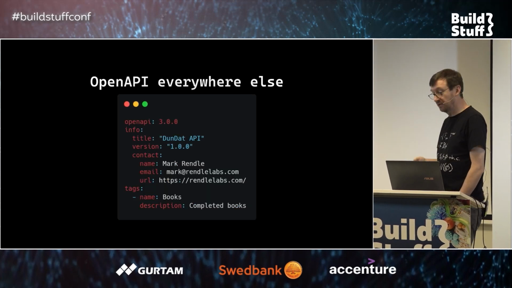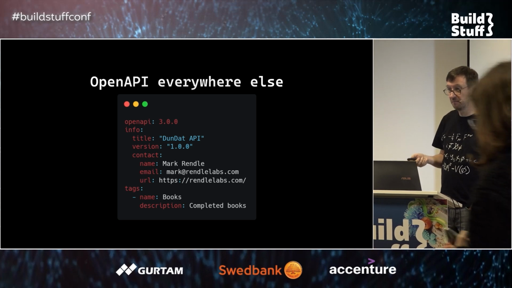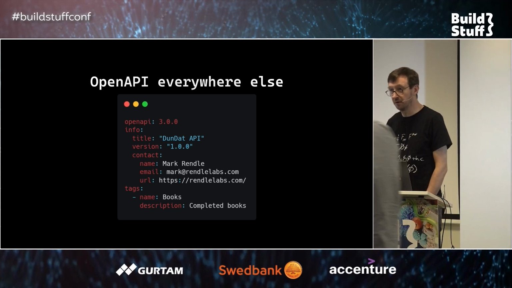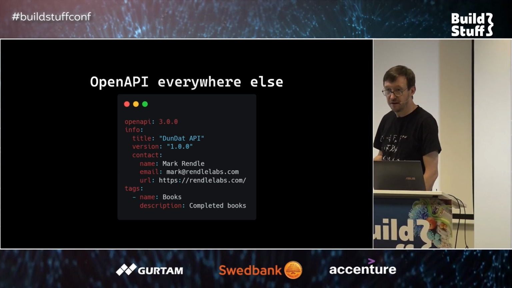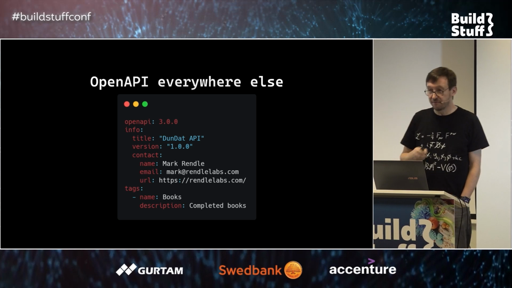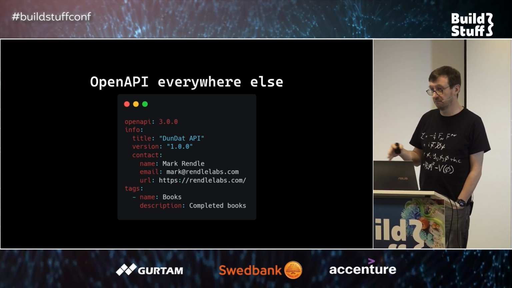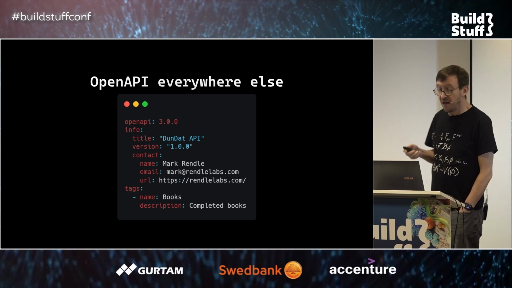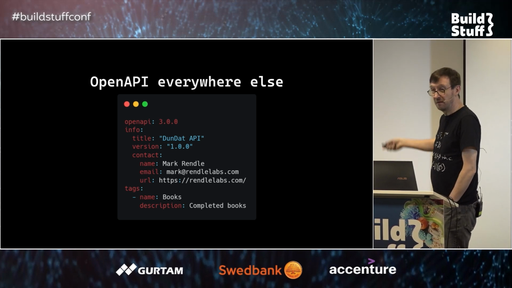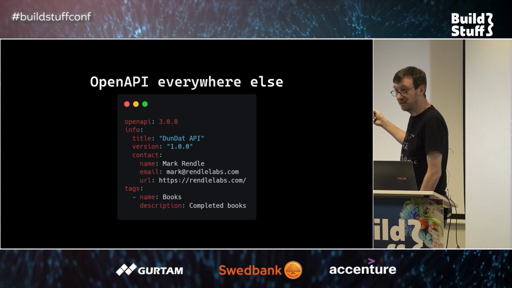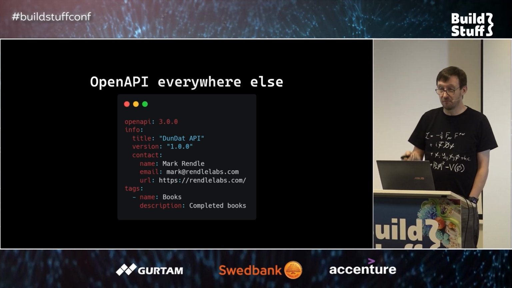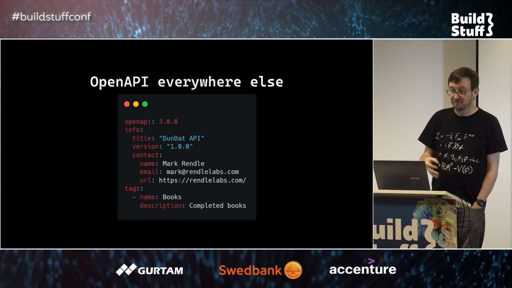And the rest of the tech industry, your Node people and your Java people and Go people and everything else, for all that they are wrong because they're using Node or Java or Go, they write their OpenAPI specs by hand, usually in YAML, because you can write it in YAML or you can write it in JSON.